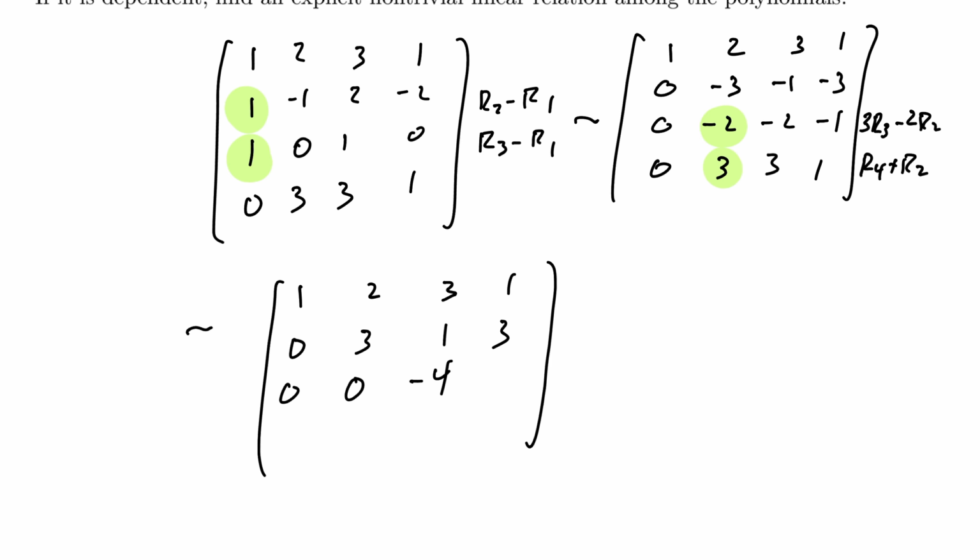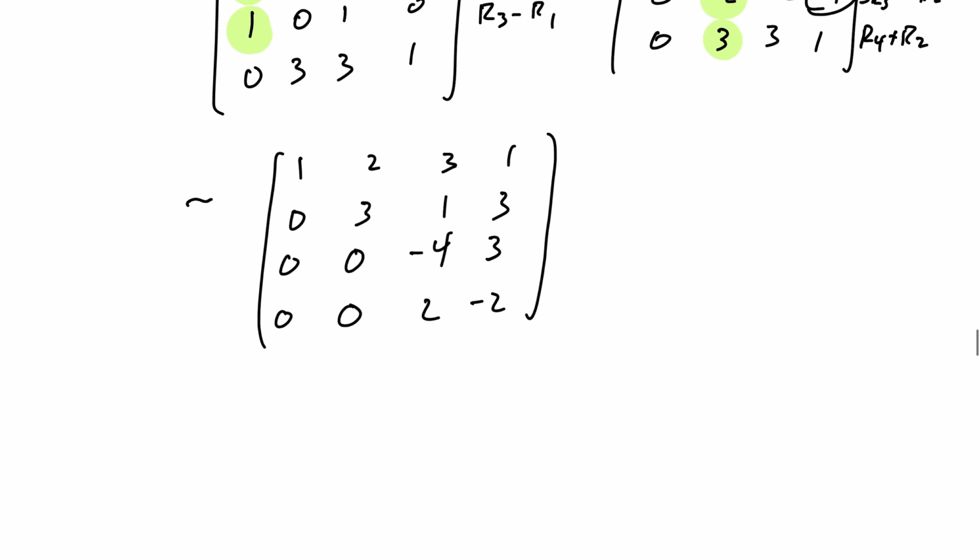Doing this again, applying it to this row, negative 3 plus 6 is going to be positive 3. And this next operation is easier, just adding the two rows together. So it's going to be 0, 0, 0, 2, and negative 2. All right, we're almost there.